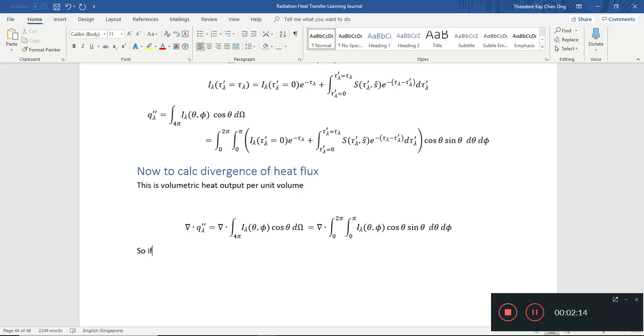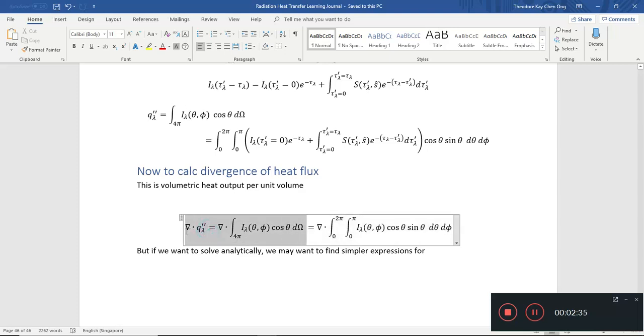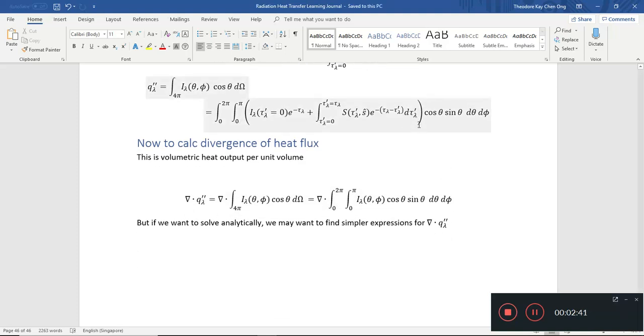So if we want to solve analytically, we may want to find simpler expressions for the divergence of heat flux, which is of course this. Okay, so how can we find simpler expressions?